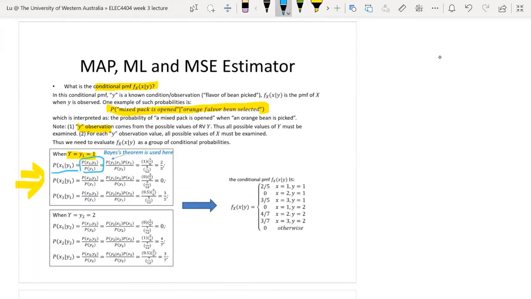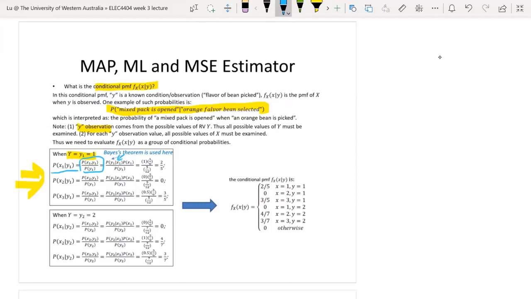Then on the top of the fraction, the joint probability is converted to a similar format: another conditional probability multiplied by the probability of the condition, but in this case we use x as the condition because we already know the PMF of the x.